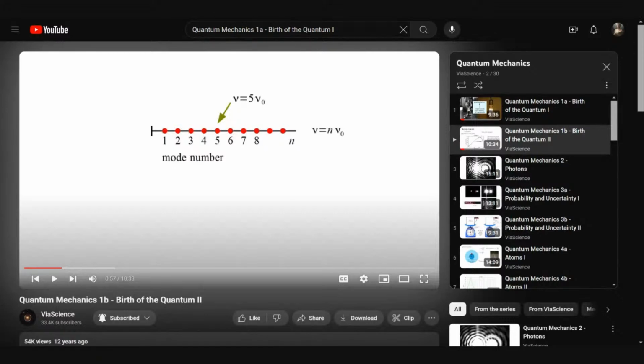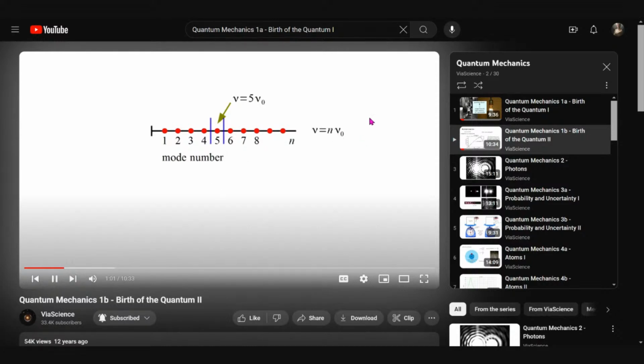For mode equals 1, what? You're not saying anything. There's a dot. For mode equals 2, there's a dot. I don't get it. Where's the information? There's no information here. My God.